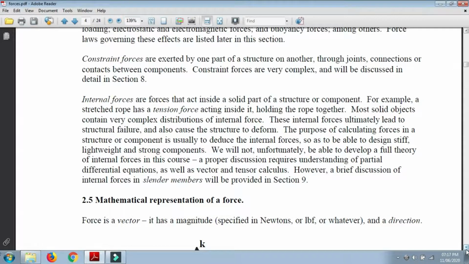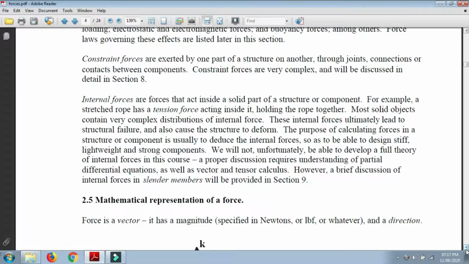A car crashes on a wall, or two cars undergo a frontal crash or a side crash. So basically it will lead to structural failure and also cause the structure to deform.